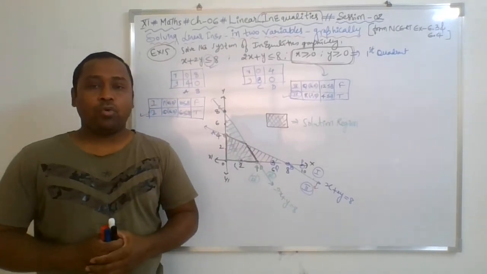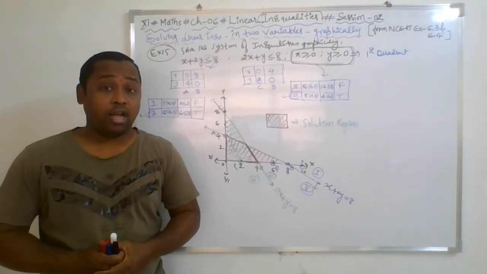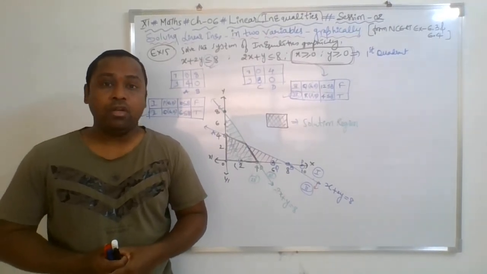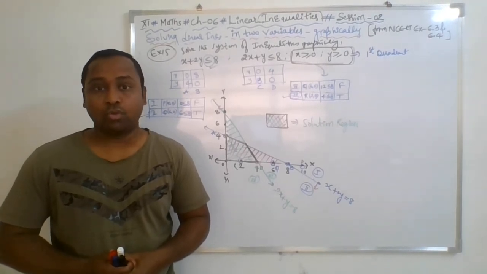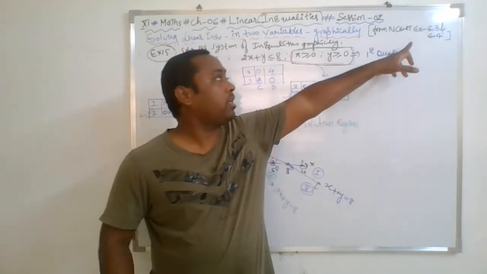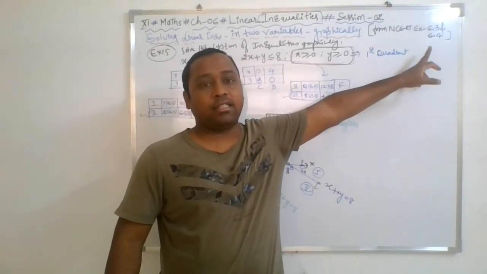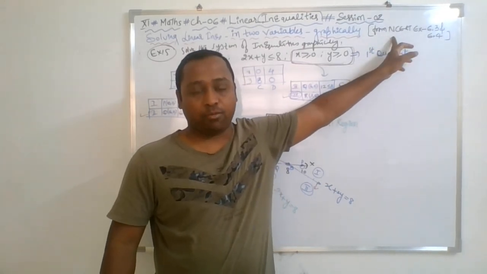Okay, so thank you for watching me since so long, and I think I am definitely able to convince you, definitely able to build a confidence in you to complete this chapter where you can cover the 6.3 exercise and 6.4 exercise from the NCERT textbook.